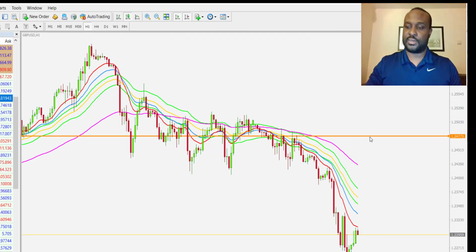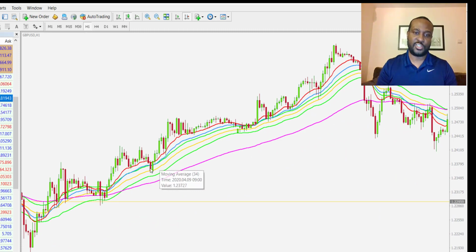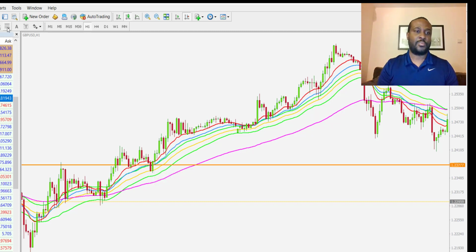Let's remove this for a second and just scroll across the chart. So you can also see very many opportunities here. The first opportunity was here. So the entry price would have been there in that case. The stop loss would have been there.